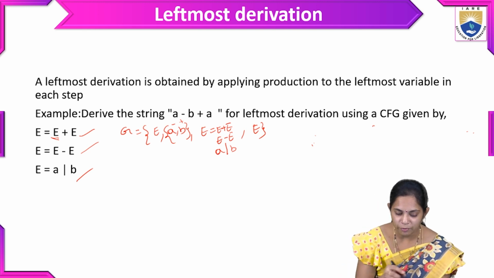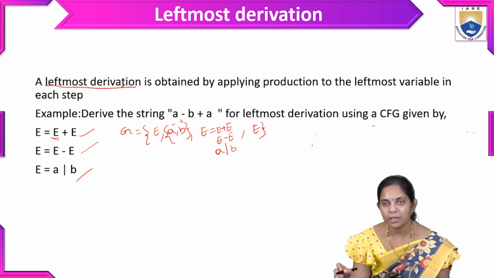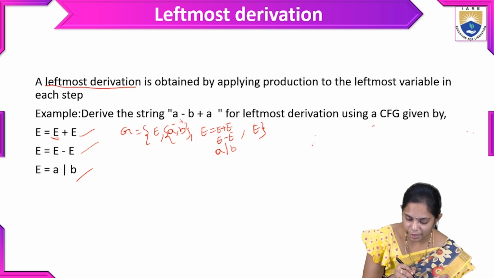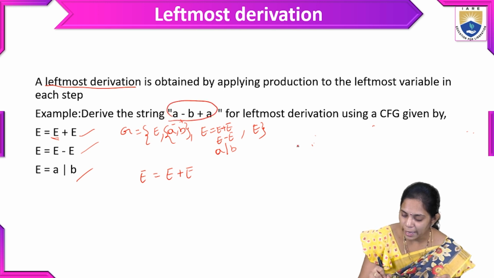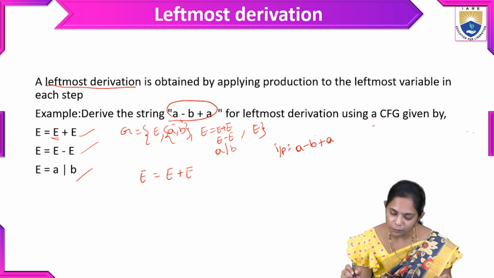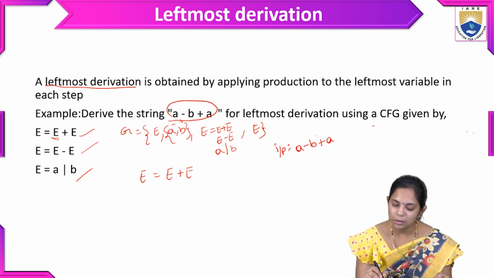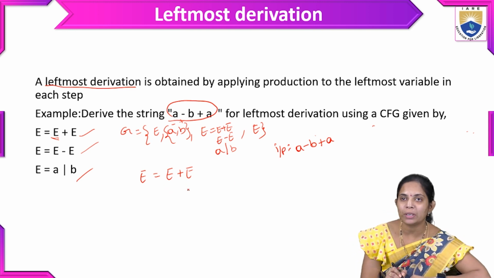And for this one, first the leftmost derivation. In the leftmost derivation, first we take the start state, E is equal to E plus E. Our input string is A minus B plus A. Here on the left hand side we have to replace.